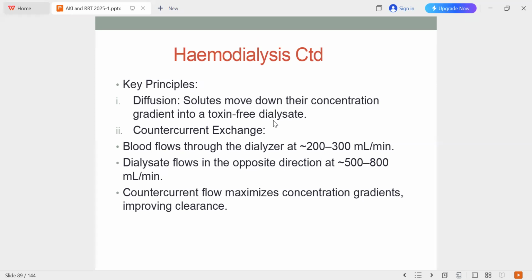There is a countercurrent exchange system in which blood flows through the dialyzer at a slower rate of 200 to 300 ml per minute, while the dialysate flows in the opposite direction at a greater flow rate, 500 to 800. The countercurrent system maximizes concentration gradients, improving clearance of waste products very significantly.